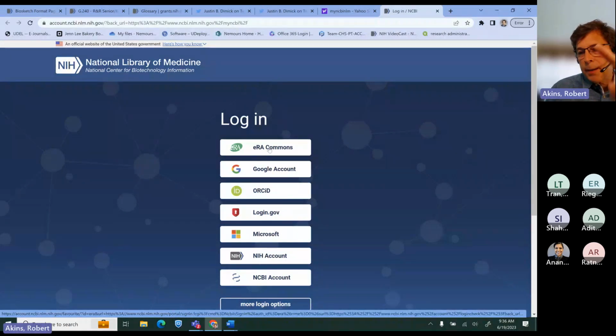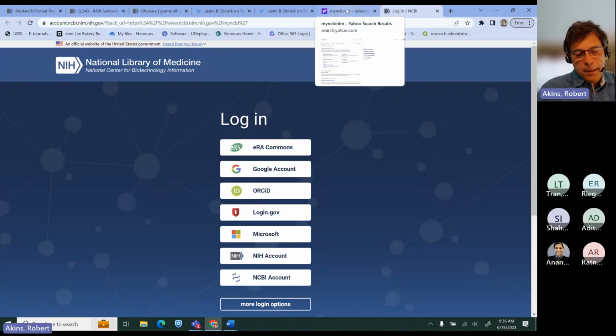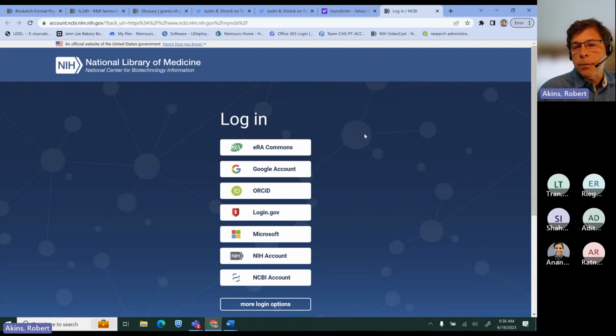But we'll come back to this at the end if you want to do that. But the MyNCBI has an account there, which you can log in to in all these different ways. It links now to ORCID, although I'm not sure how efficient that is. You can tell by the way I'm talking about it, I don't use it for my Biosketches, but you can, and other people do. What it does is aggregate all the information you need to make a Biosketch.